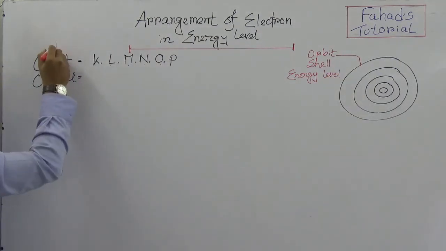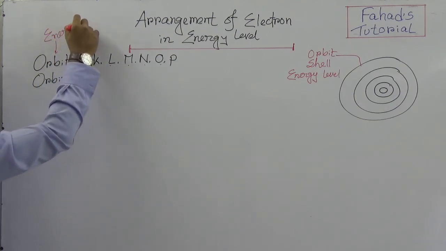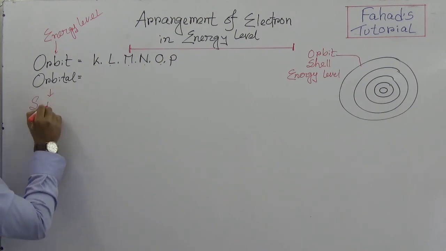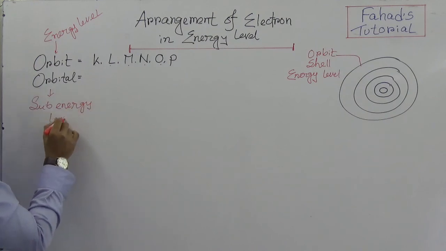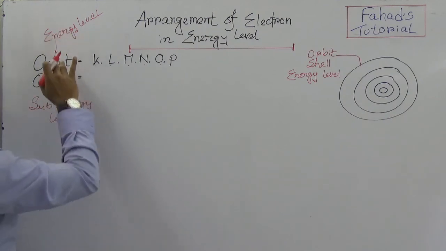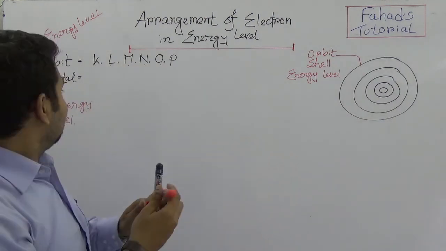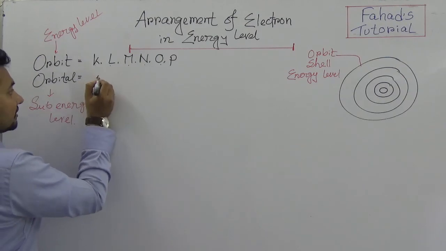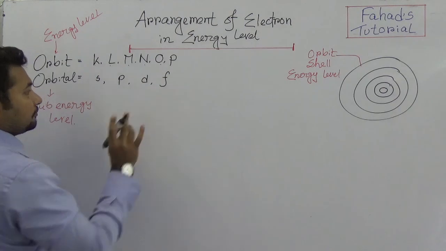If the orbit is the energy level, then the orbital is the sub-energy level. The energy levels are known as K, L, M, N, O, P shells, but the orbitals are expressed as small letters s, p, d, f.